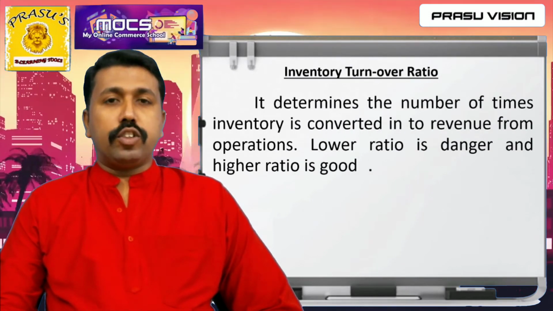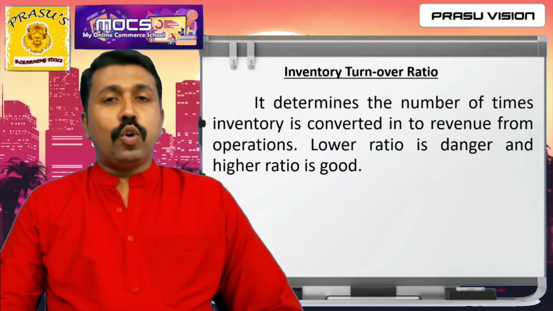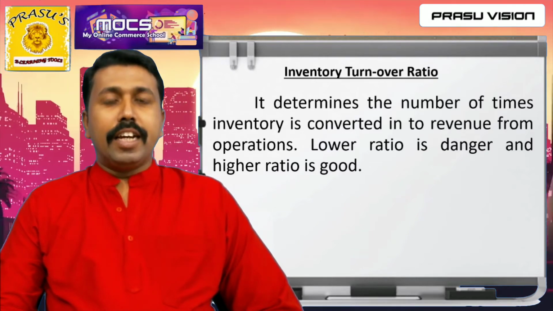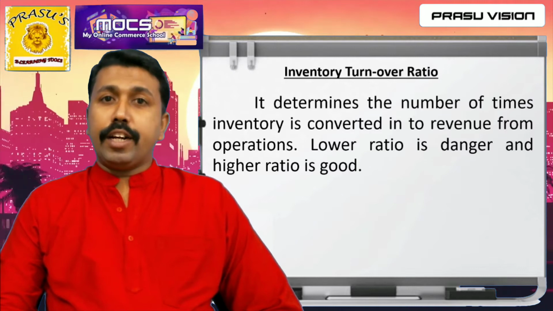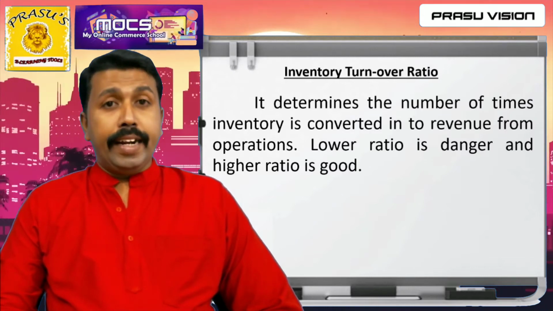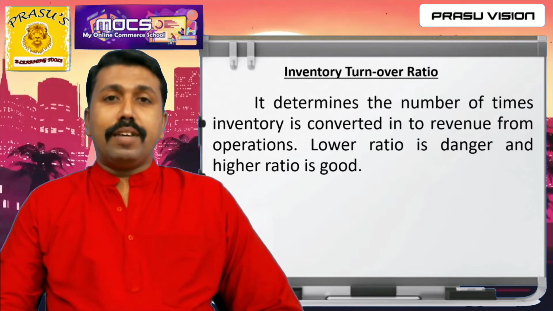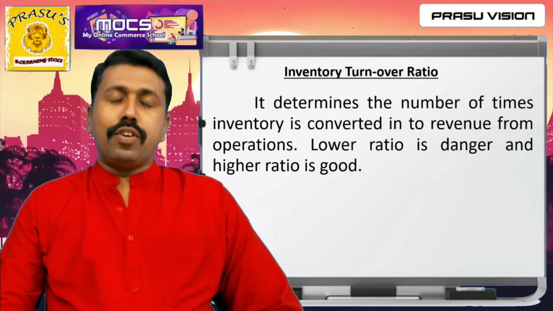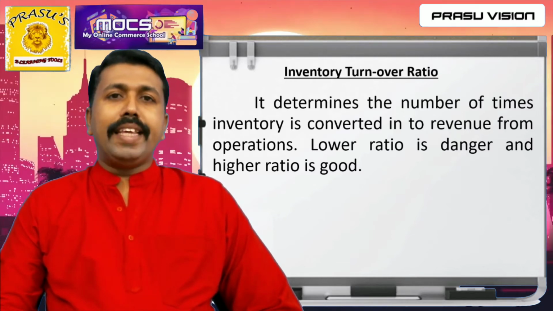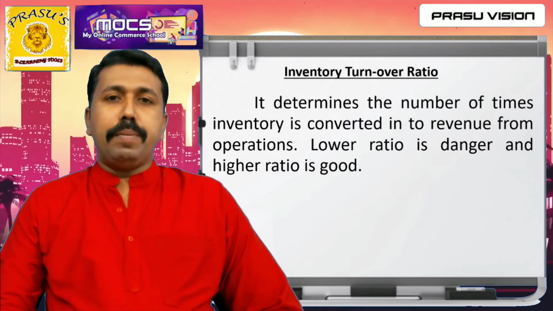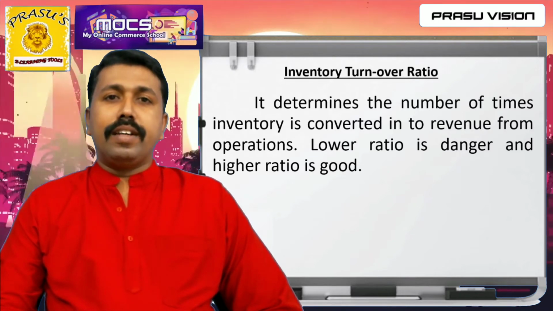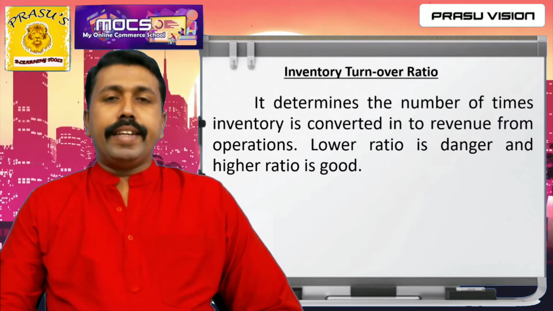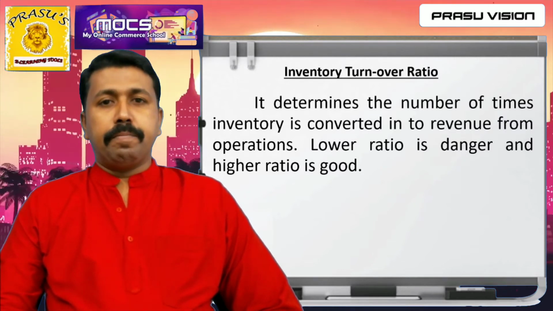Inventory turnover ratio. My dear students, you know the meaning of the term inventory. Inventory turnover ratio helps to identify, when the firm invests in raw material stock, what will be the return, the turnover, after converting it into finished product.